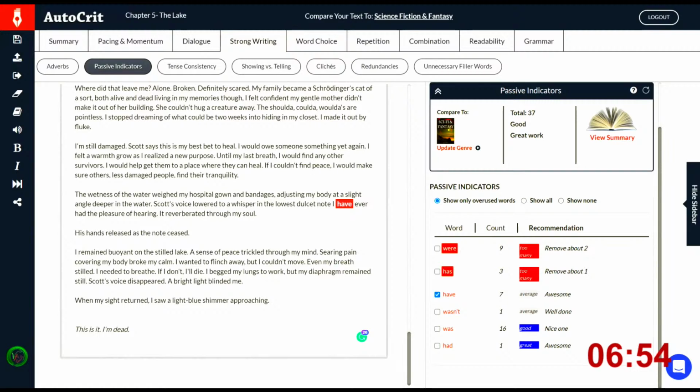Scott's voice lowered to a whisper in the lowest dulcet tone I have ever had the pleasure of hearing. So I'm just going to take this out and say lowest note ever heard.